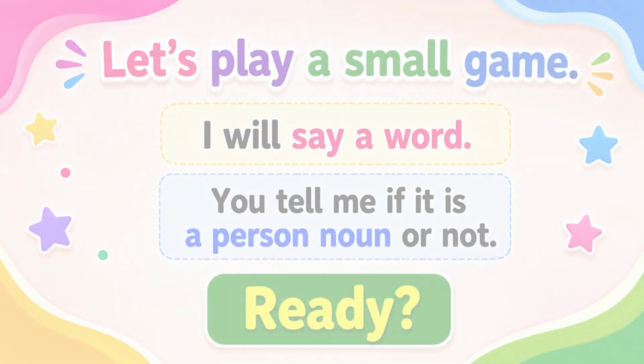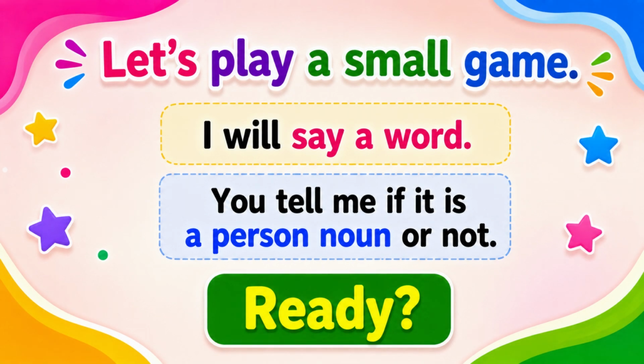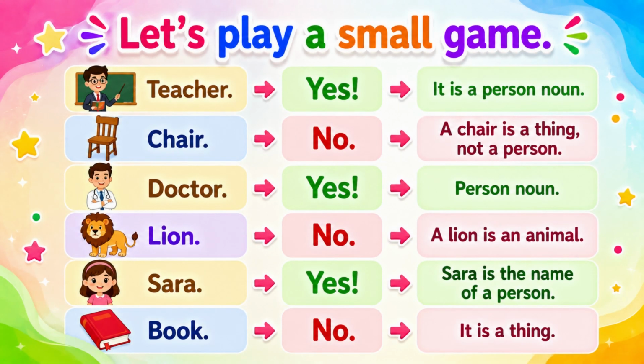Activity time. Let's play a small game. I will say a word. You tell me if it is a person noun or not. Ready? Teacher. Yes, it is a person noun. Chair. No, a chair is a thing, not a person.